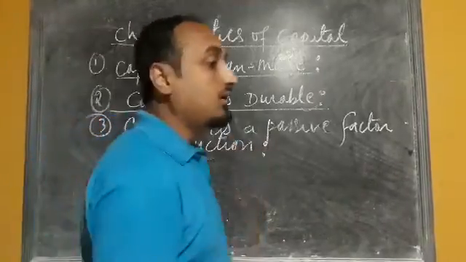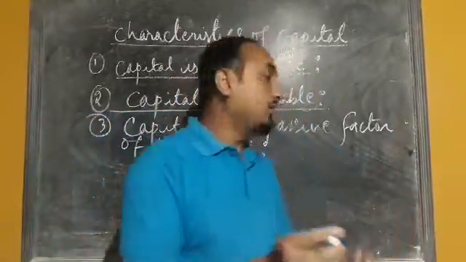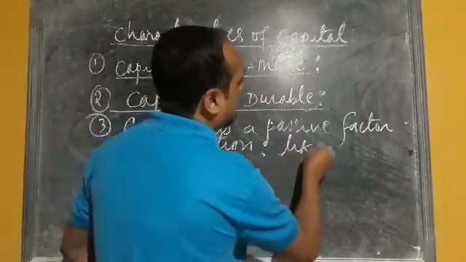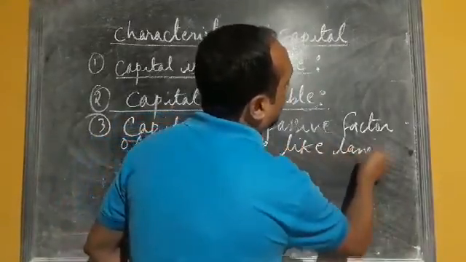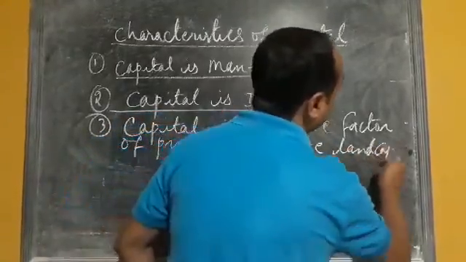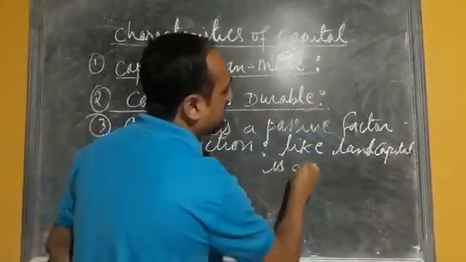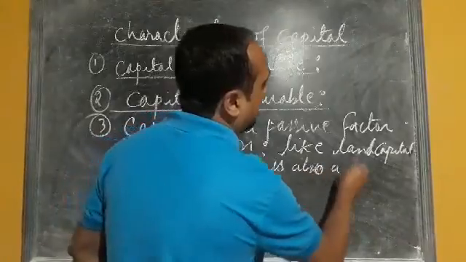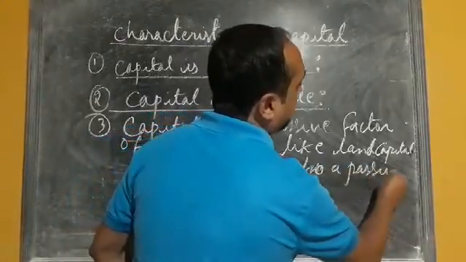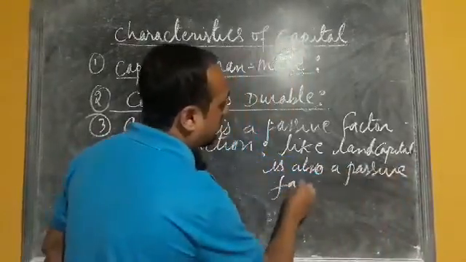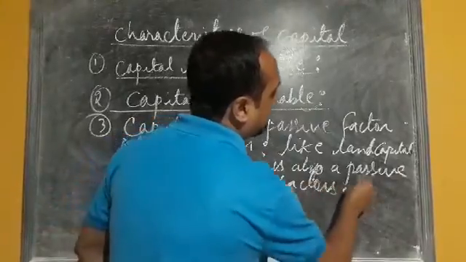Like land, capital is also a passive factor of production.